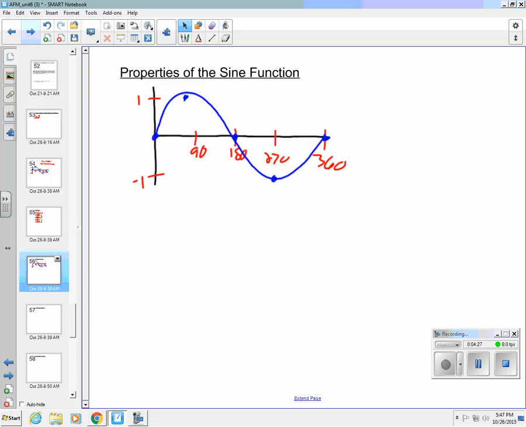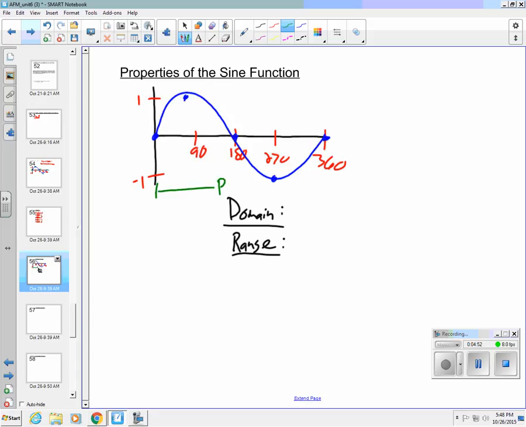So first we'll look at the domain and range. For the domain from this graph, it looks like the domain is only from 0 to 360, but this is only one complete cycle of the function, which is called one period of the function. So this wavelength here is called the period of the function.